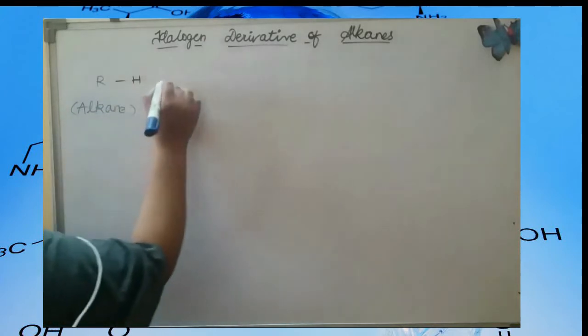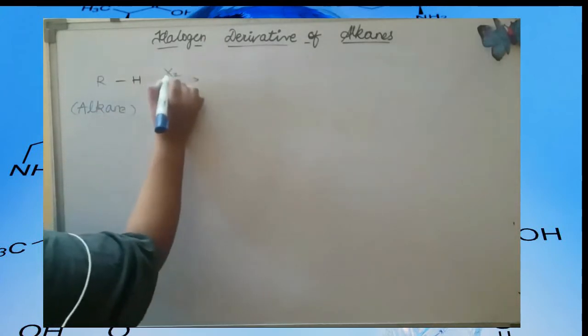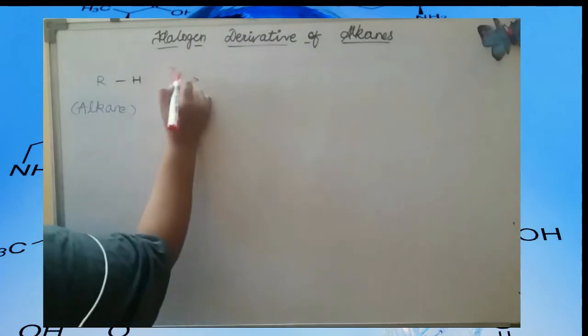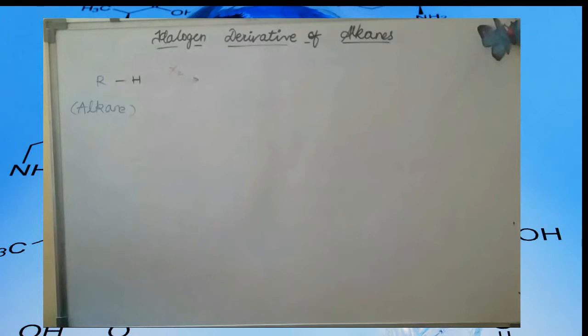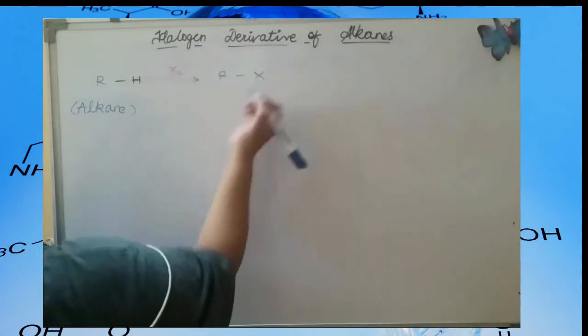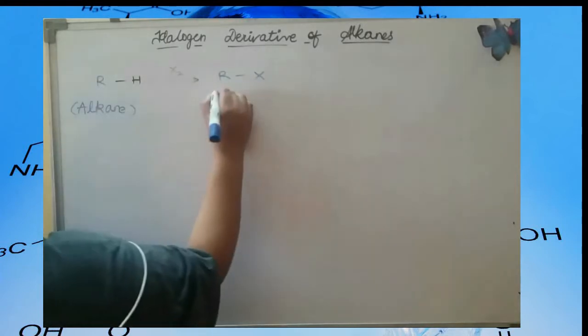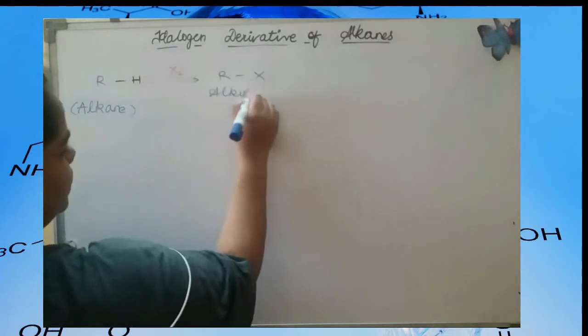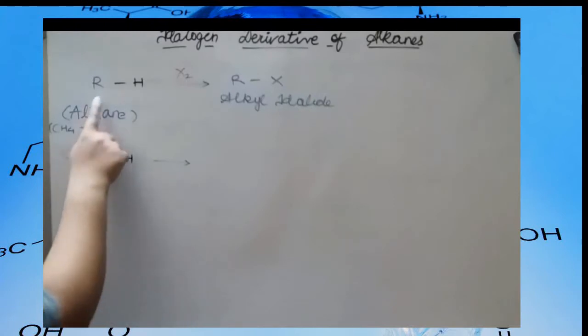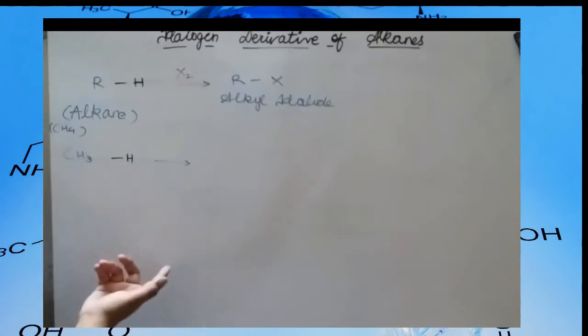When we add any halogen group to this alkane, we get RX, which is alkyl halide. I substitute this R with any alkane.